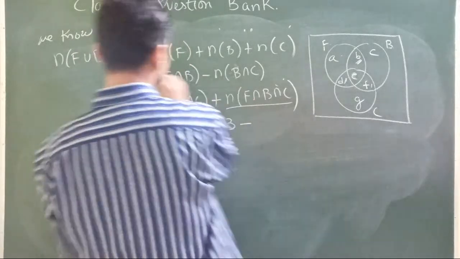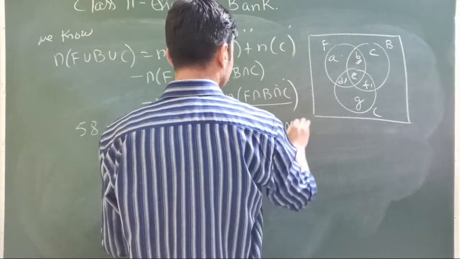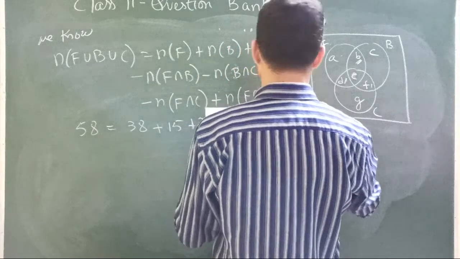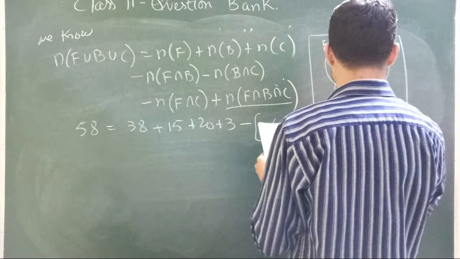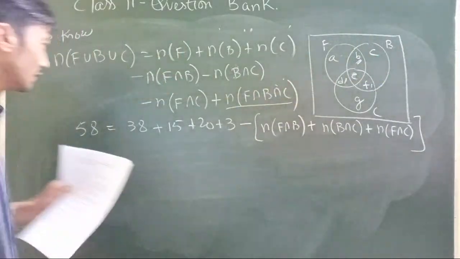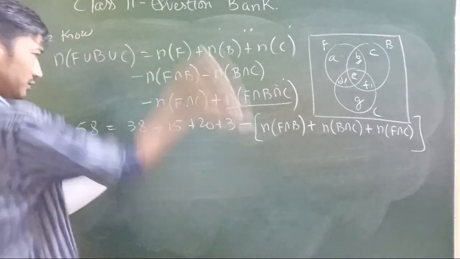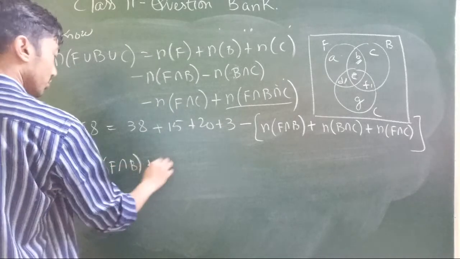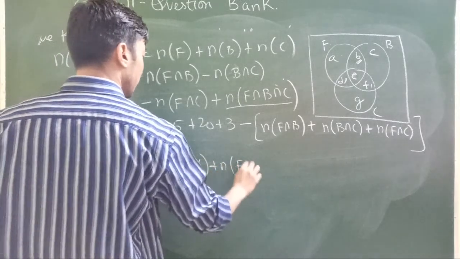Minus, I'll just take minus common for these 3 elements, that is F intersection B plus B intersection C plus F intersection C. So we just calculate these values and simplify.